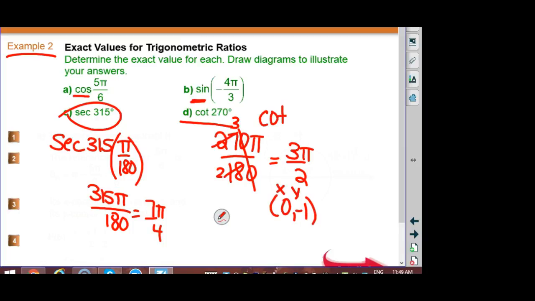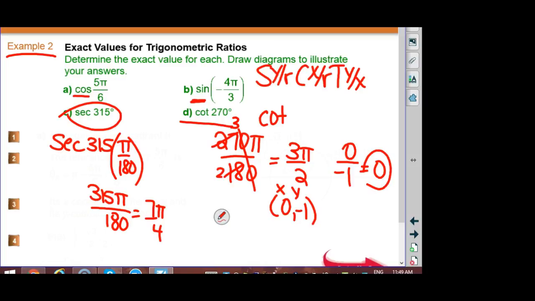Remember Sir Coxer Tix, cotangent is always x over y. If tan is y over x, cotangent is the opposite of that. So it would be 0 over minus 1, which is just 0.